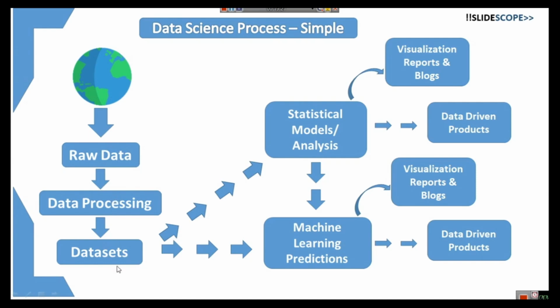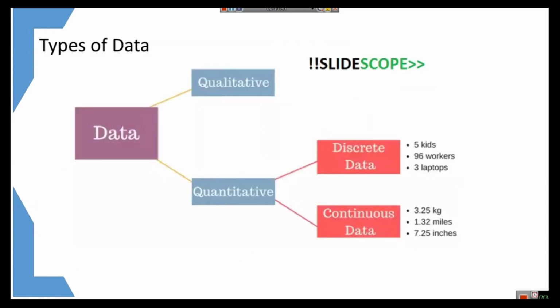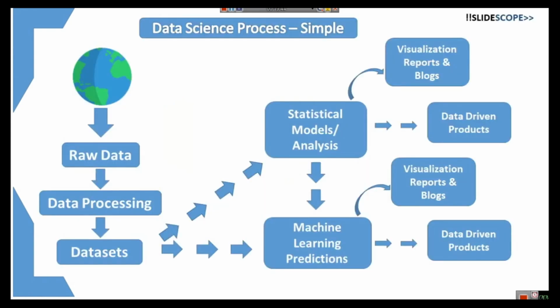So it needs some processing. Before saving the data in our data sets, before data collection, we need to process that data. Let's say there are 1000 workers in a factory. So the information of every worker will contribute in creating data.